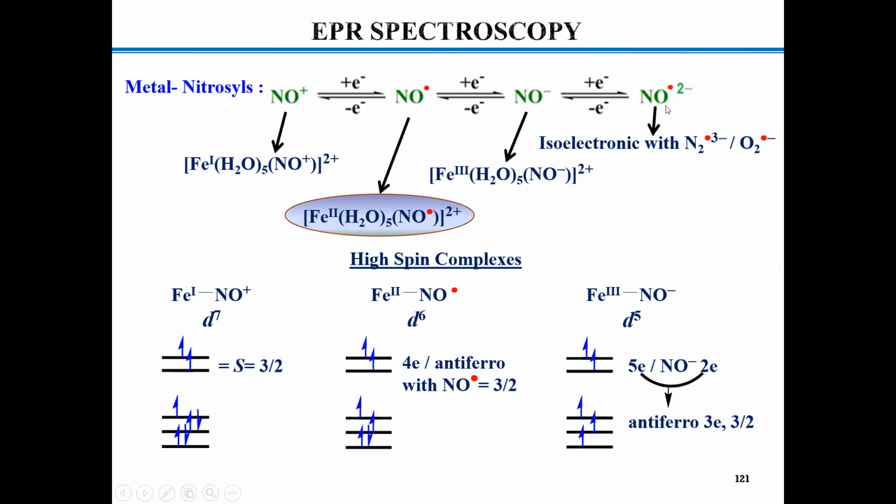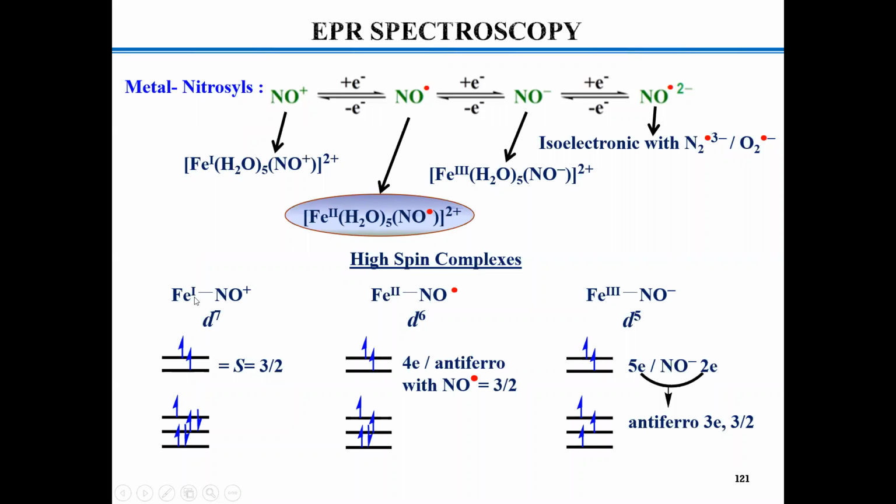This is a rare configuration, so you should not think about it. Now, if we consider NO plus and the charge is 2 plus, keeping the overall charge in mind, then we can think about Fe1 NO plus, and then Fe1 NO plus means 2 plus, then 2 plus.